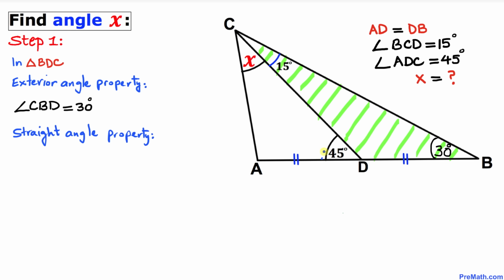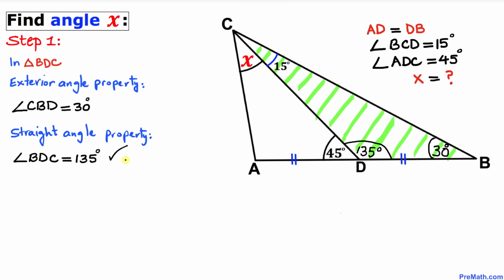That means this whole angle is 180 degrees and we know that this angle is 45 degrees. So therefore this angle is going to be 135 degrees, since 135 degrees plus 45 degrees is going to make 180 degrees. So therefore our angle BDC turns out to be 135 degrees.